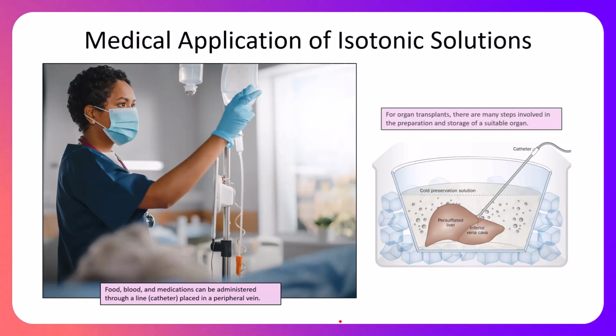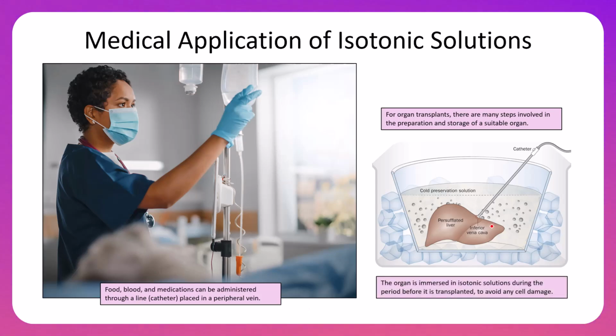In times of organ transplant, there are a lot of steps involved in the preparation of that organ. But it is important that you understand that an organ, when preserved or prepped for transplant, is actually placed or bathed in an isotonic solution, because you want to ensure that water is moving in and out of that organ so that it isn't swelling, that it isn't leading to plasmolysis or hemolysis, swelling too much and potentially rupturing the cells that make up that tissue.